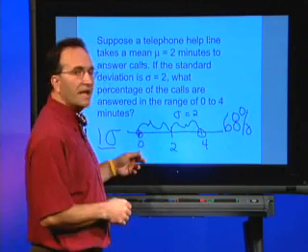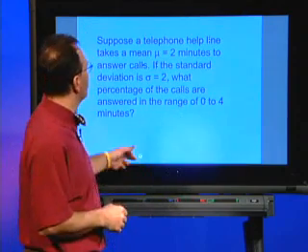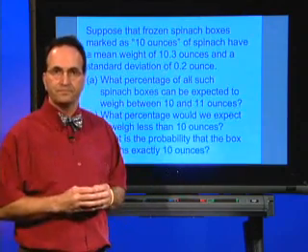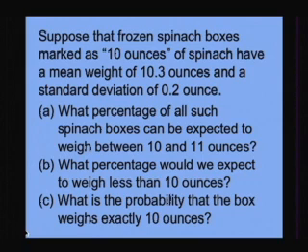All right, let's take a look at another example. Suppose that we have frozen spinach boxes that are marked as 10 ounces of spinach, and they have a mean weight of 10.3 ounces and a standard deviation of 0.2 of an ounce.